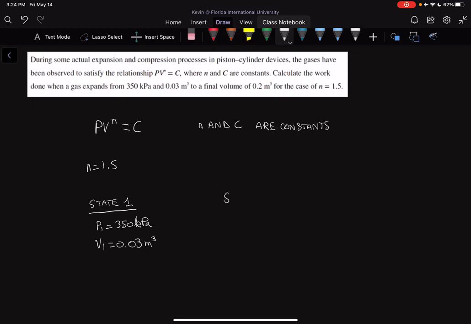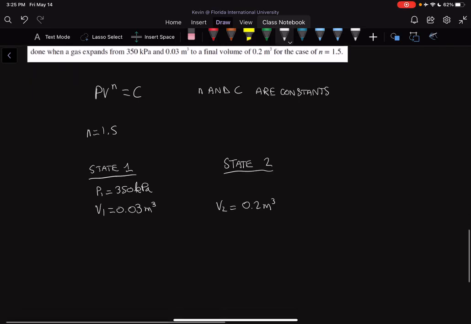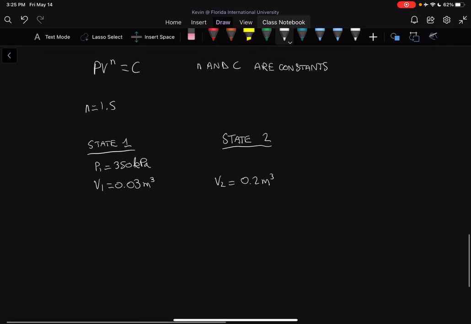And we're told that at state 2, we now have volume 2 is equal to 0.2 meters cubed. And what we're trying to find is work boundary. And work boundary, if we remember correctly, is the integral from 1 to 2 of PdV.